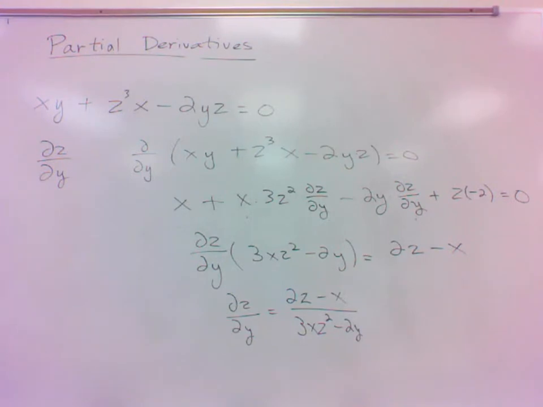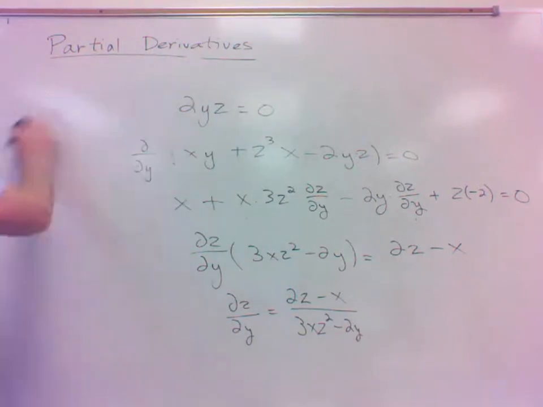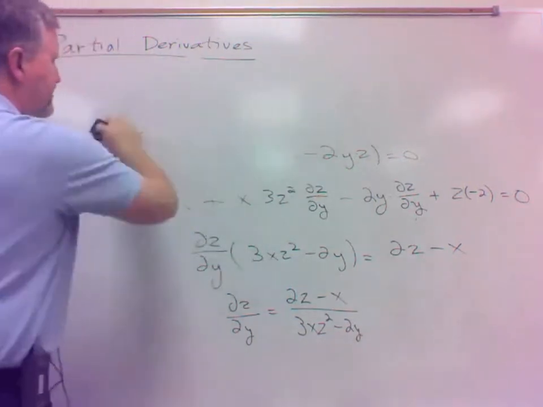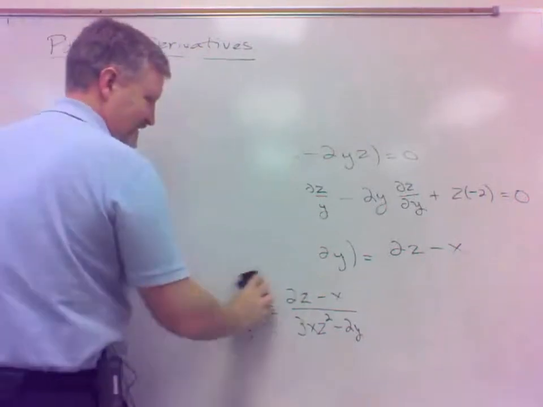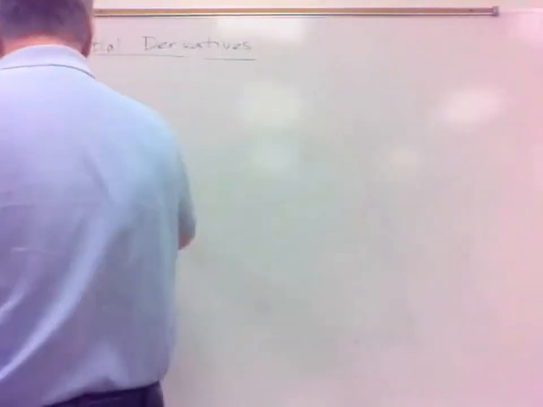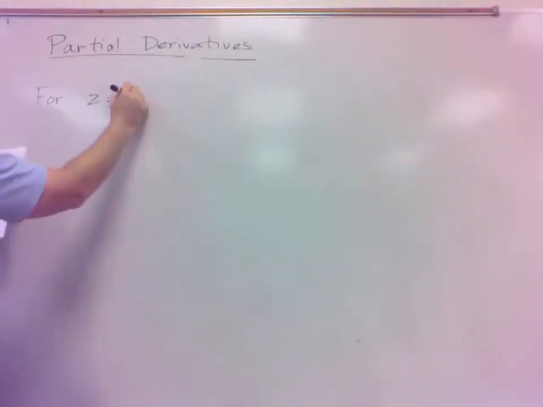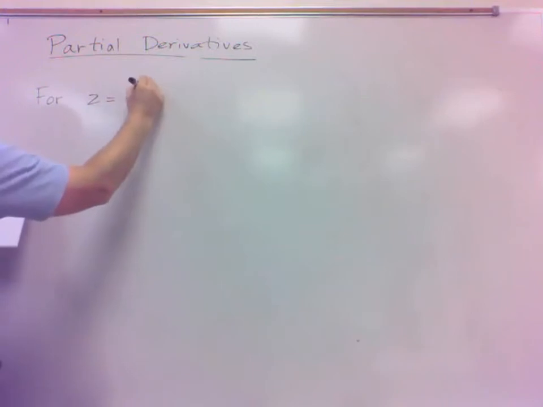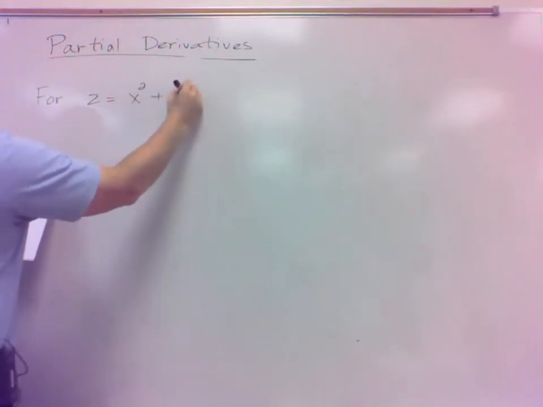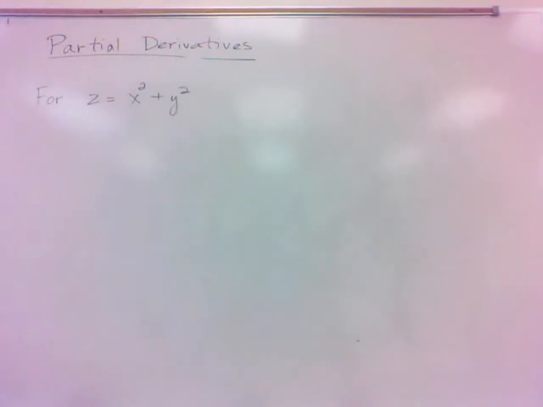Okay, well, let's go back to our regular explicit function in z. All right, let's say we have where z equals, or f of x, y equals x squared plus y squared, for that function in two variables.